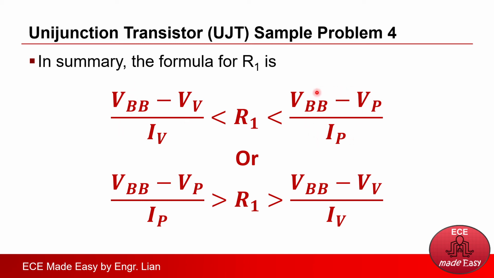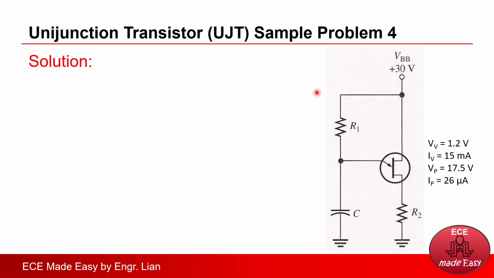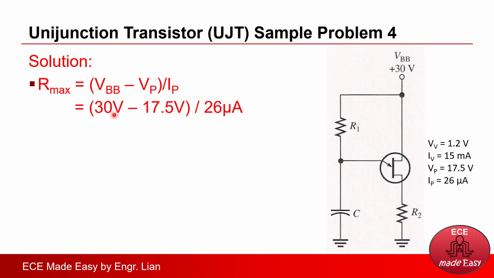So now we will be able to solve this problem. I already copied the given here. Let's solve for R max. R max is equal to VBB minus VP over IP. Substituting the given VBB, VP, and IP, you will calculate R max, which is 480.769 kilo ohms.